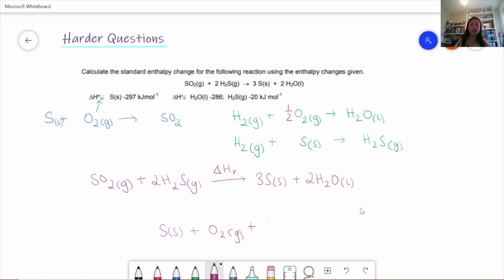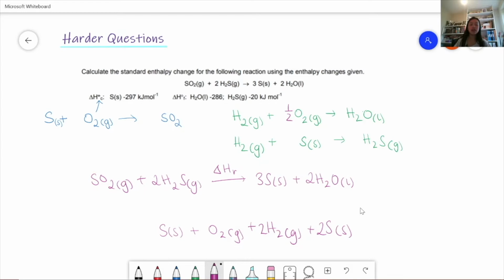So if I add a hydrogen and a sulfur, then we can form hydrogen sulfide. But then we've got 2 hydrogen sulfides, so that means we need 2 of the H2 and 2 of the sulfur. And then looking at this bit, we now have balanced this equation as well.